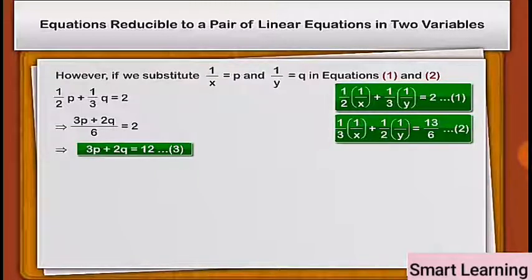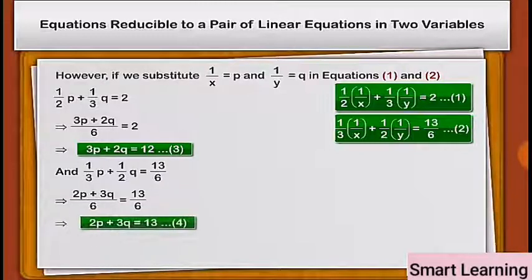Similarly, the other equation can be written as 1 upon 3 into p plus 1 upon 2 into q equal to 13 upon 6. After taking LCM of denominators, we get 2p plus 3q upon 6 is equal to 13 upon 6, which implies that the second equation becomes 2p plus 3q is equal to 13.